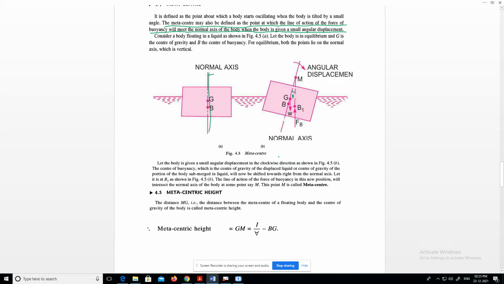Let the body be given a small angular displacement in the clockwise direction.